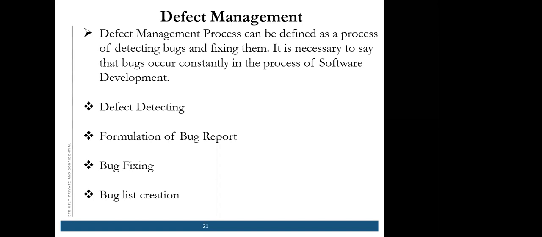When you are developing any product, it is developed by the developer, and it is left to the developer to do the testing, find the bugs and fix those bugs. But it is not a very good practice to do that, because why?